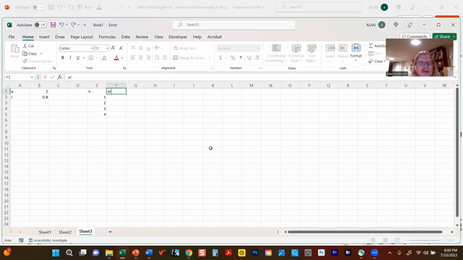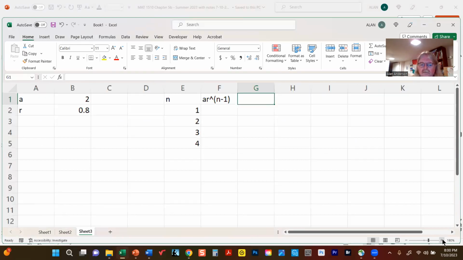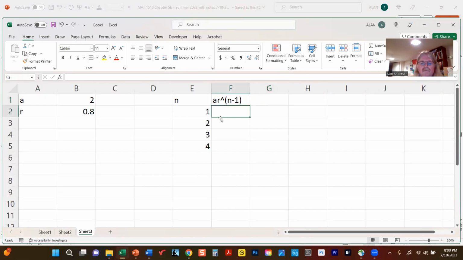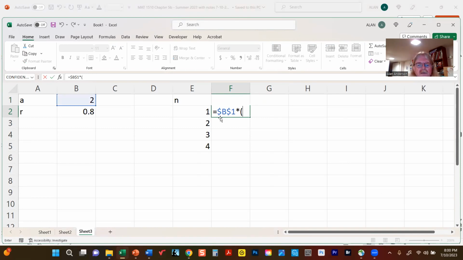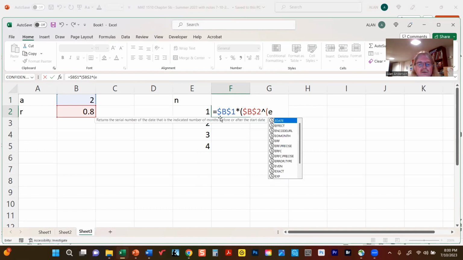That's why. Okay, great. So that means we're going to have 2 times b2, and the exponent will be n minus 1.